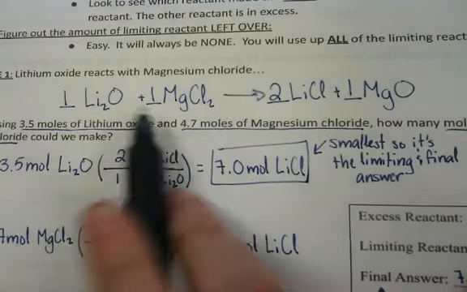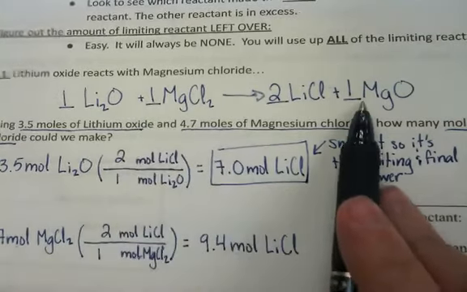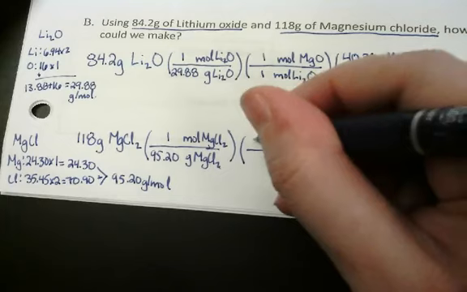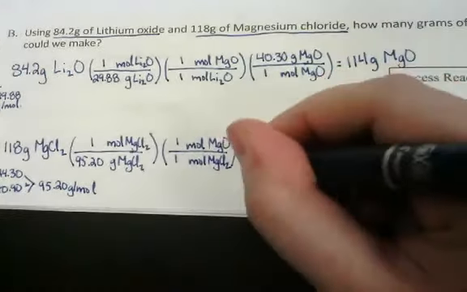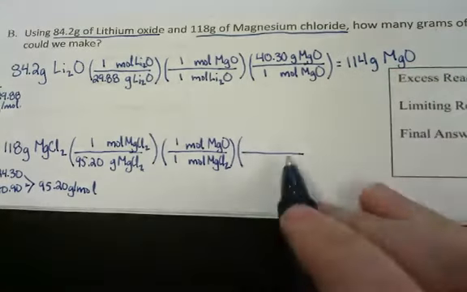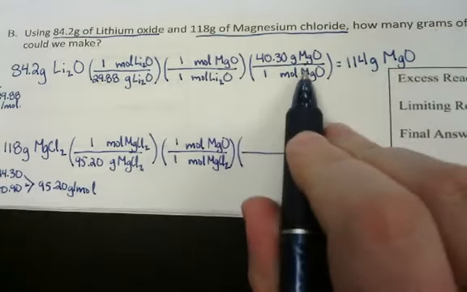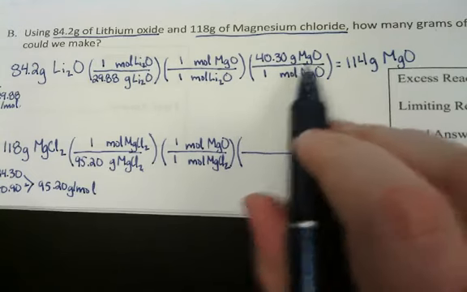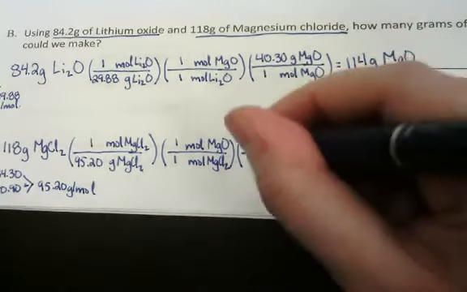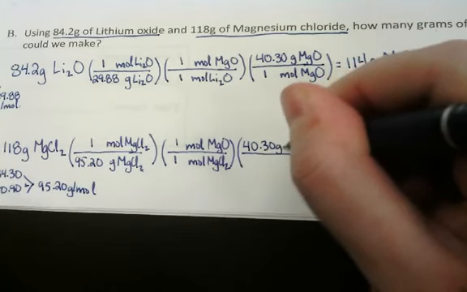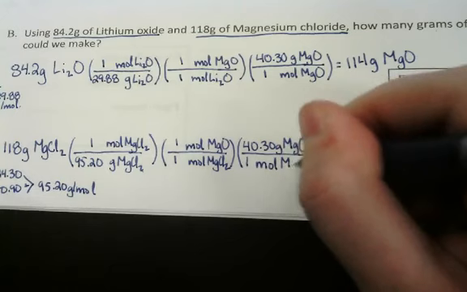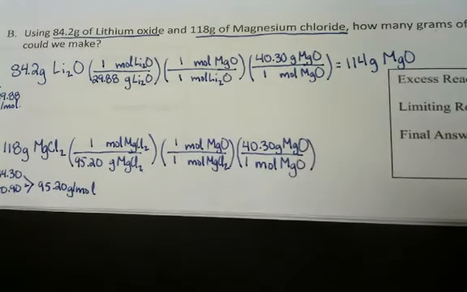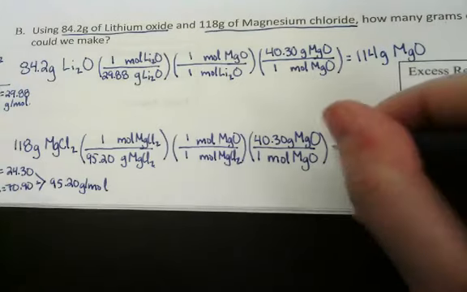We come to our reaction to find the mole ratio. Magnesium chloride is 1, magnesium oxide is 1, so both of these are 1. And then this last step is actually the exact same as this last step because we're still trying to find the same thing. So we can go ahead and copy it down because we're not changing what we're trying to find.